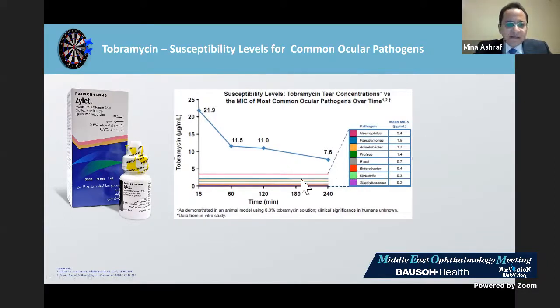And as we can see here, even after 240 minutes, which is 4 hours after a single drop installation of tobramycin, still the tear film concentration is higher than the MIC90 of most of the common ocular pathogens. How does this reflect into clinical results?